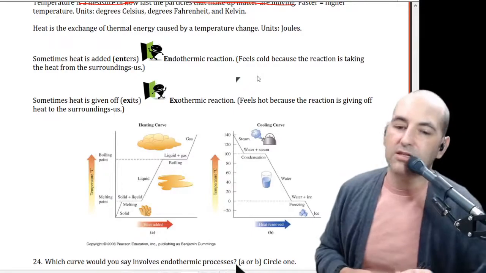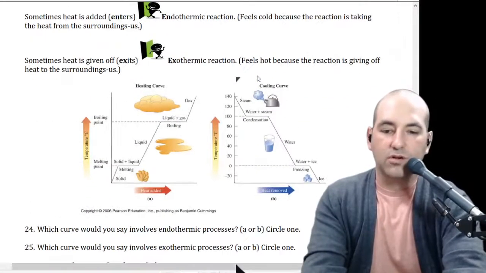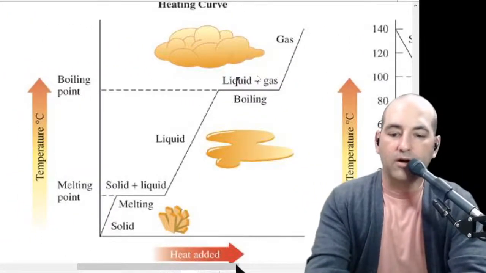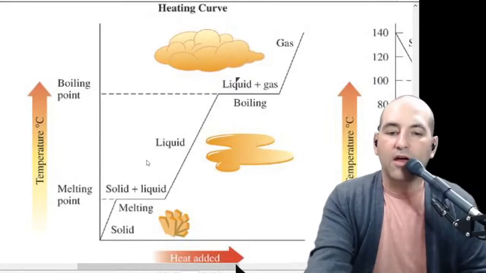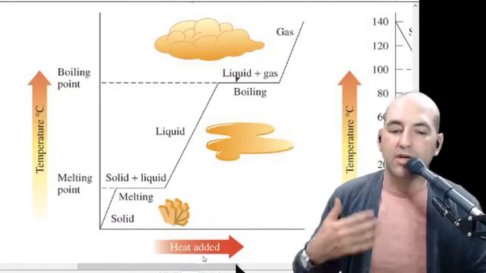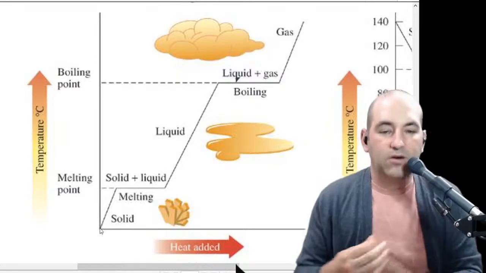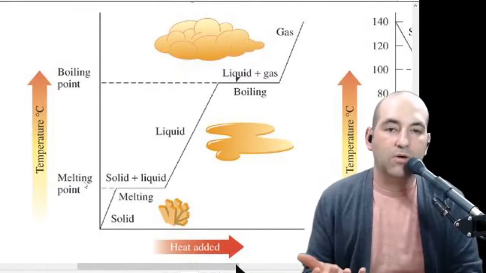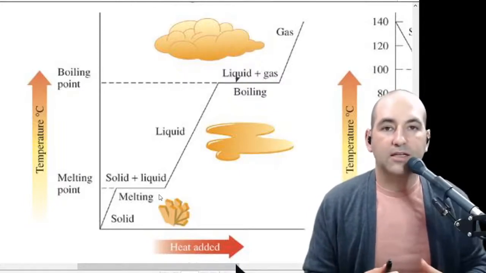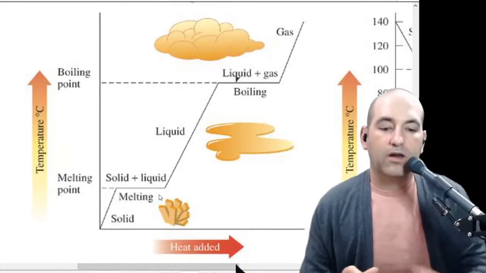So let's take a look at this, not in a reaction first, but just in phase changes. That's what these graphs show. Let's look at a heating curve for water. A heating curve graphs the temperature versus how much heat is being put into the system. We're starting with solid ice, and you can warm it up until you get to the melting point, which we know is 0 degrees C. Now we put in more energy and we melt the ice.